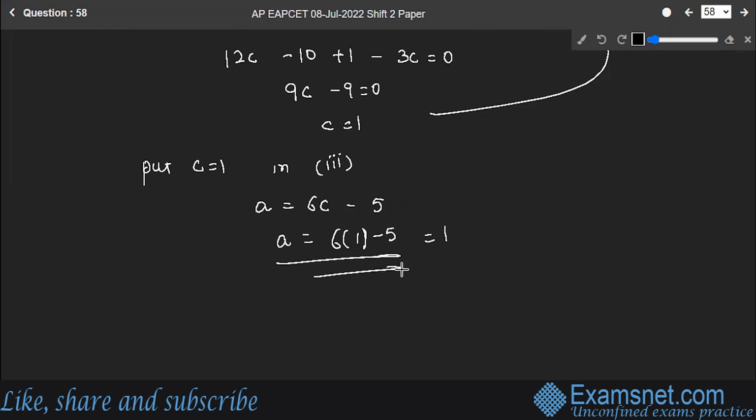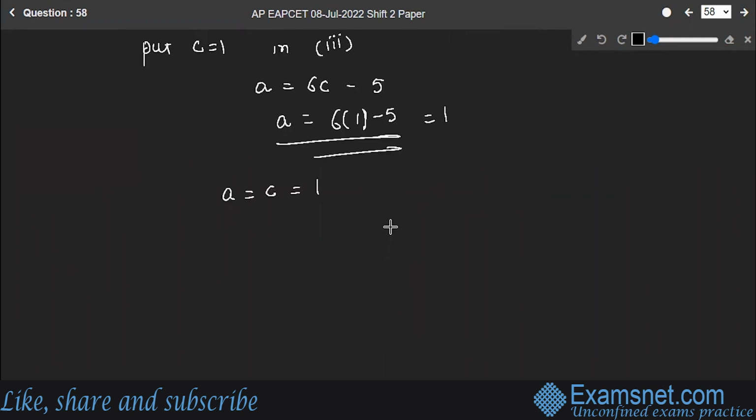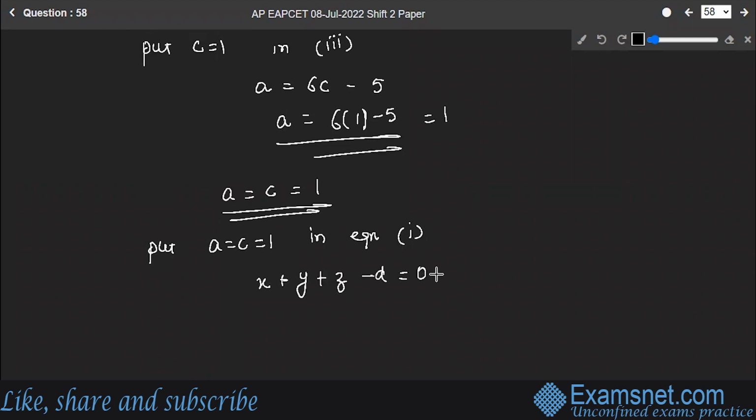So that means a is equal to 1. So a is equal to c is equal to 1. Now let's put this in equation 1. If you put it, you will get x plus y plus z minus d is equal to 0.